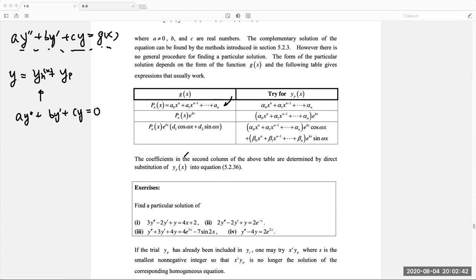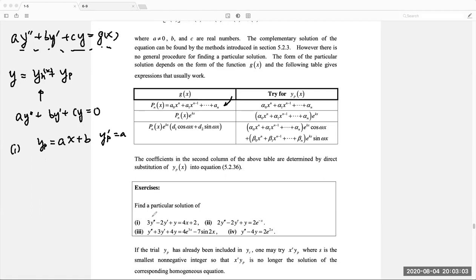So let's try to do the first one. You just try to find a particular solution. So we will try the particular solution to be ax plus b. If you differentiate once, you get a. Differentiate twice, you get 0.